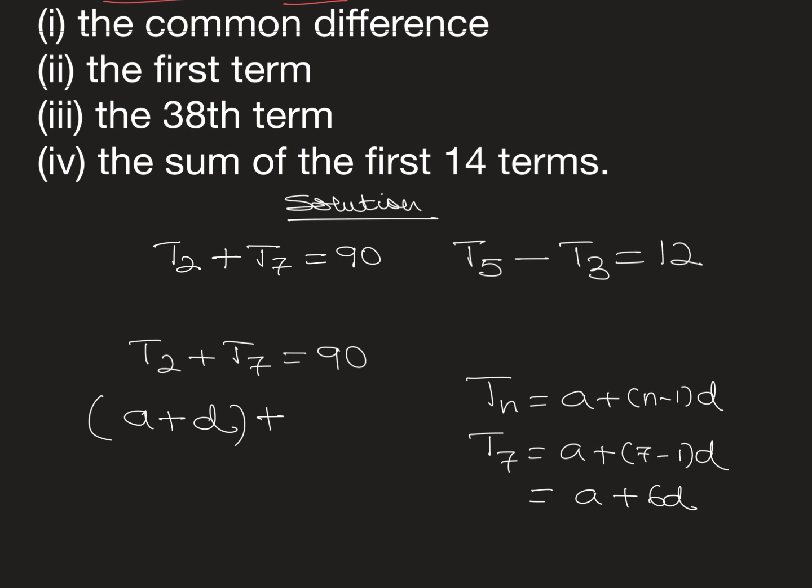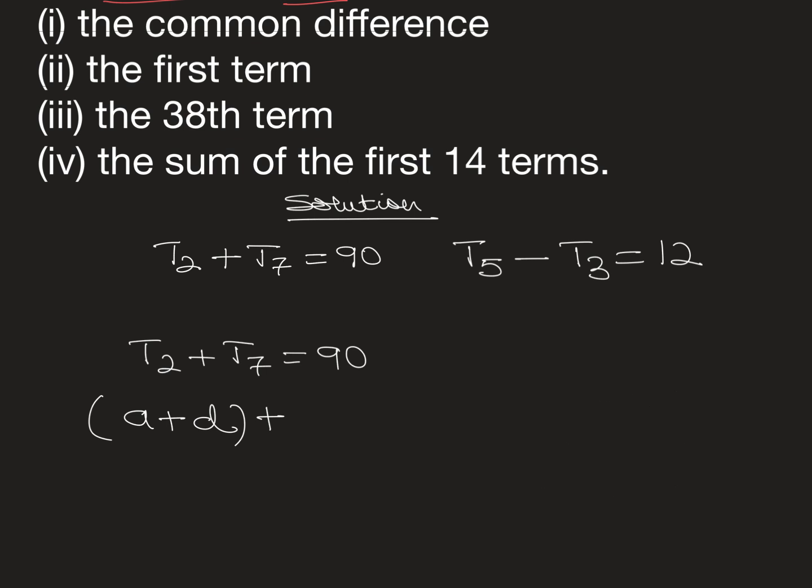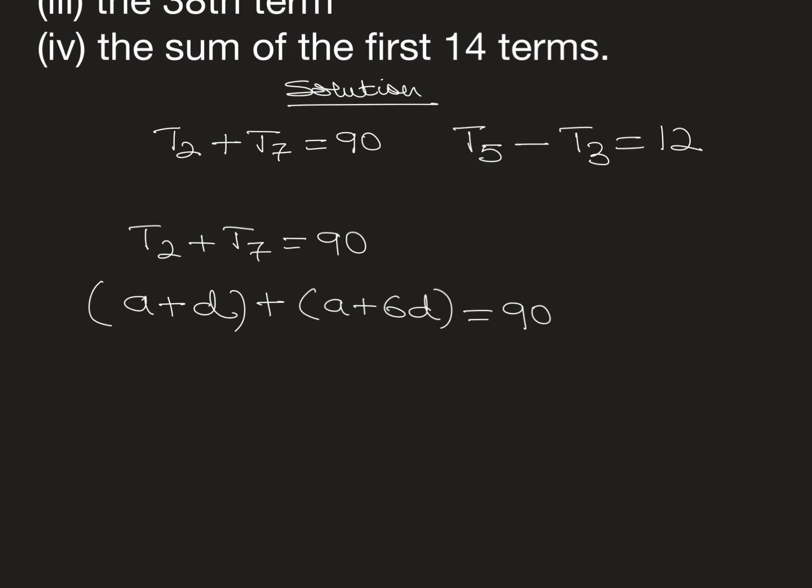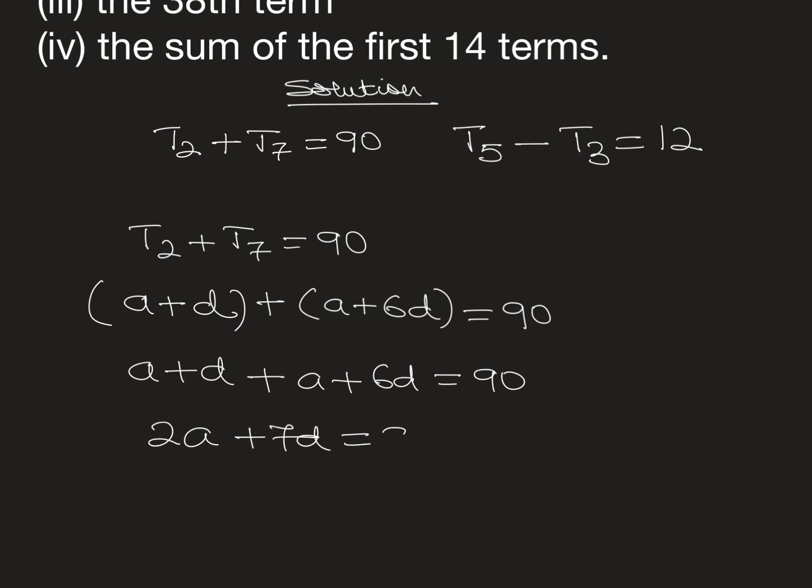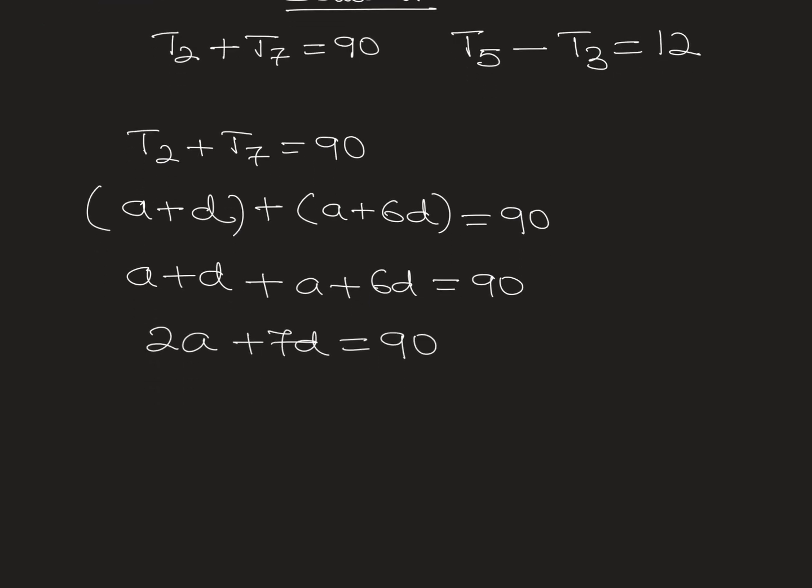So for T7, I can substitute A plus 6D. This will be equal to 90. So that is A plus D plus A plus 6D is equal to 90. So A plus A is 2A, D plus 6D is 7D. This is equal to 90. So we can call this equation 1.